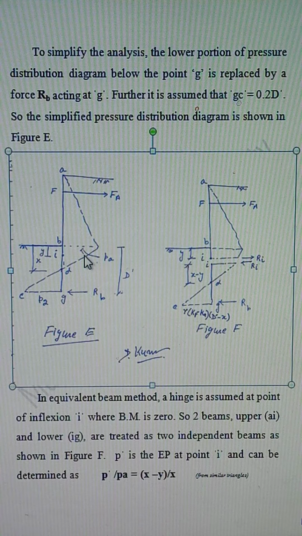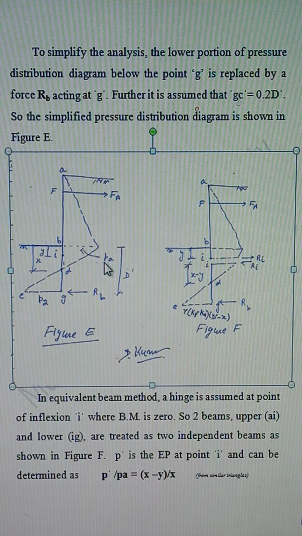We can determine the value of PA if we know gamma, the unit weight of soil, and phi, the angle of shearing resistance; the formula for PA is Ka gamma H. By determining PA, we can determine the value of small x. The value of P2 is given by the formula gamma into Kp minus Ka into D dash minus x.